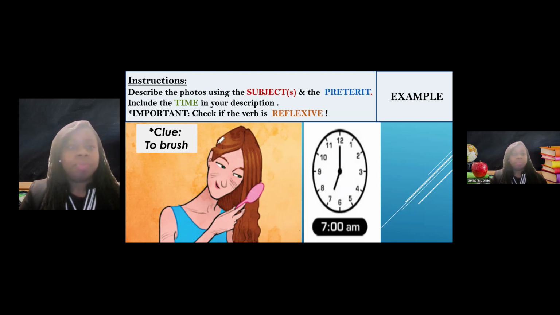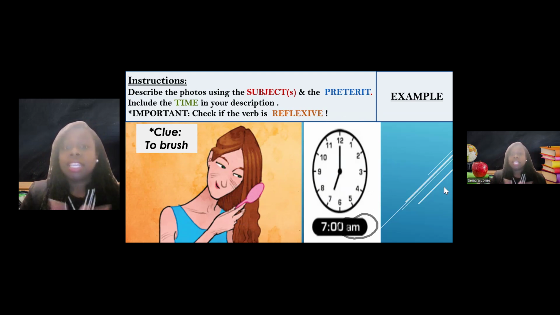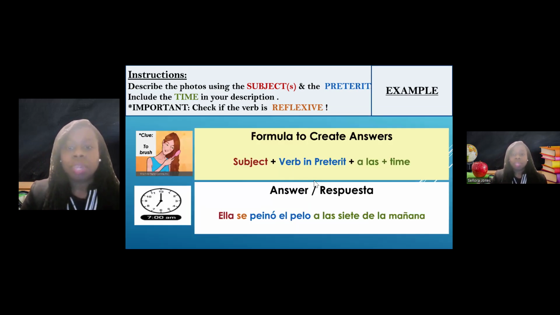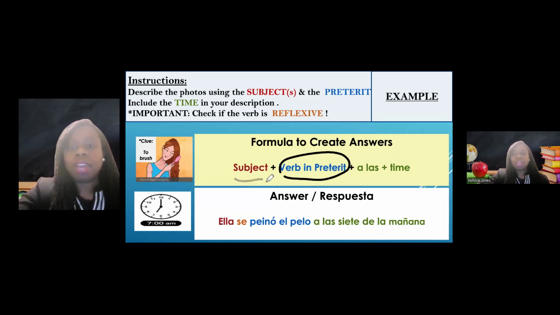Here's our photo. We see that to clarify whether we're brushing or combing, we actually have the clue here telling us what this is. We have our time and we have the time of the day. This is the AM. Let's look at the example. We have our same basic formula here, subject, verb now in the preterite instead of present progressive.